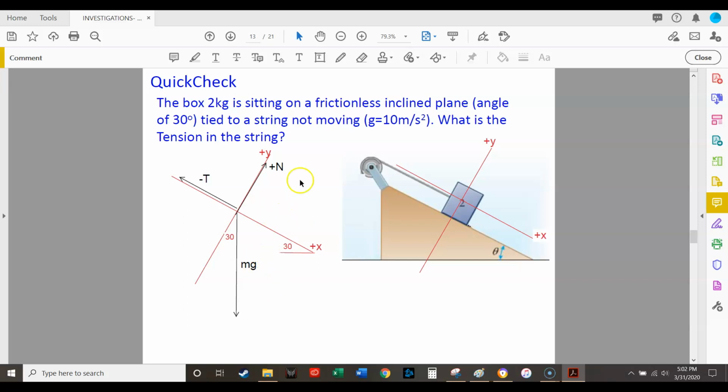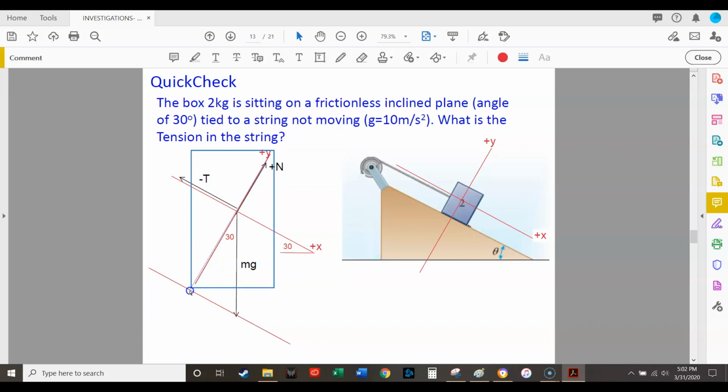Now that is almost completely done. Let's break the mg up so it's consistent with our coordinate system. mg is going to be the hypotenuse, and 30 degrees is going to be the angle. I want to easily recognize the triangle, so I'm going to copy the x direction coordinate system and let it sink down until it reaches the vector head of mg.